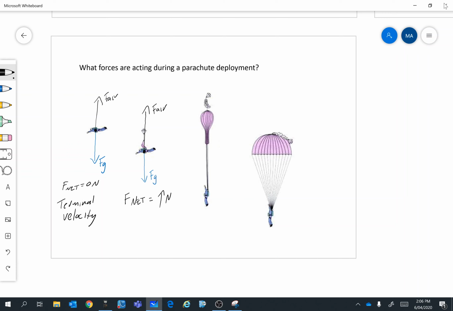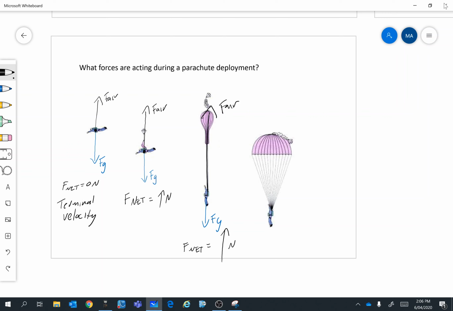Now that doesn't mean they're moving upwards, they're still falling downwards, but they're slowing down from that point once the parachute is opened. Now once the chute's opened a bit more, there's going to be more air resistance. So I'll draw a big black arrow, and still gravity acting downwards, but much more air resistance. So the net force, F net, is going to be upwards but even bigger.